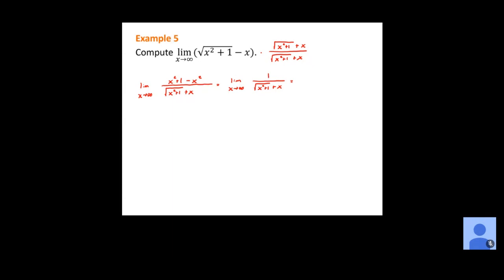Okay. The denominator itself is getting larger, because I've got an infinitely large value inside that square root, and I'm adding an infinitely large value to it. So that is getting infinitely large in the denominator, which means the overall fraction is going to be getting what? Smaller. So what do you think this limit is going to be approaching?